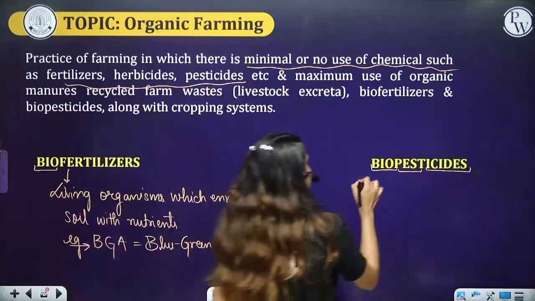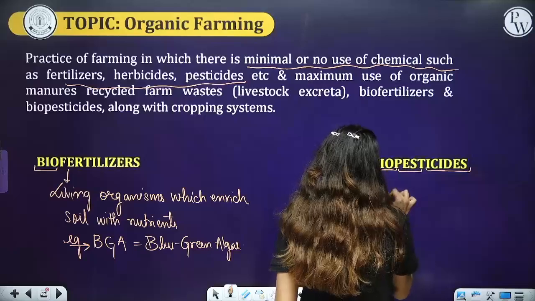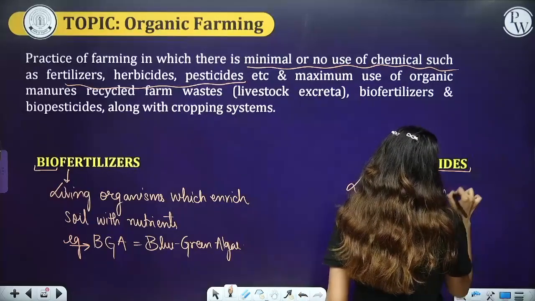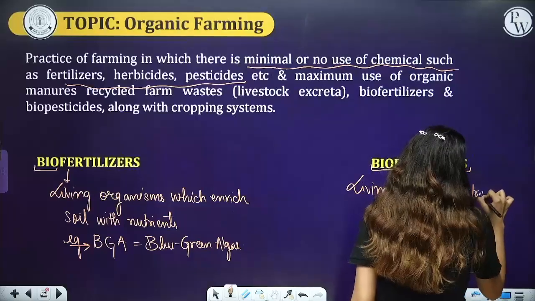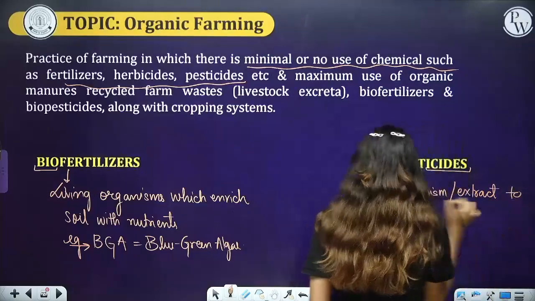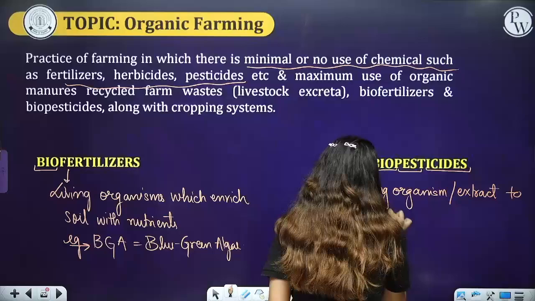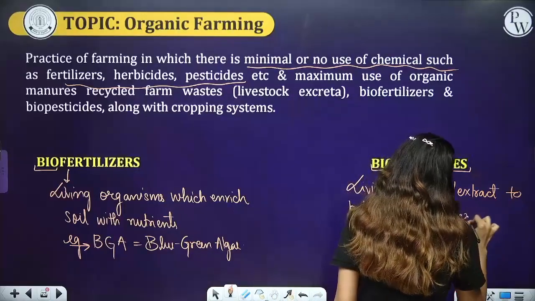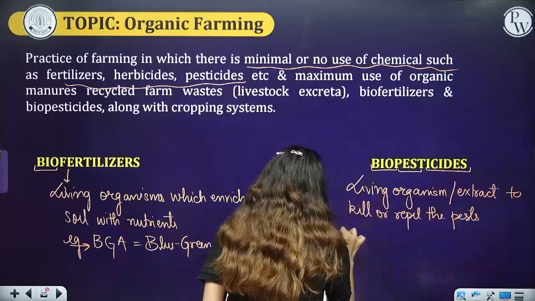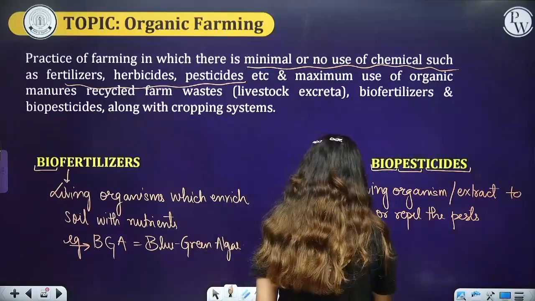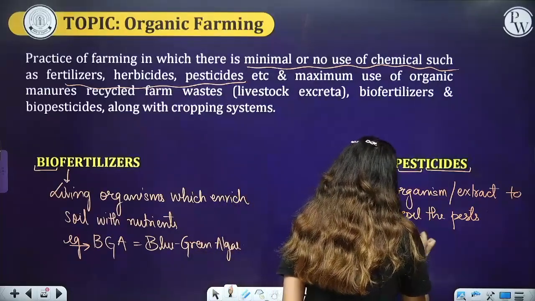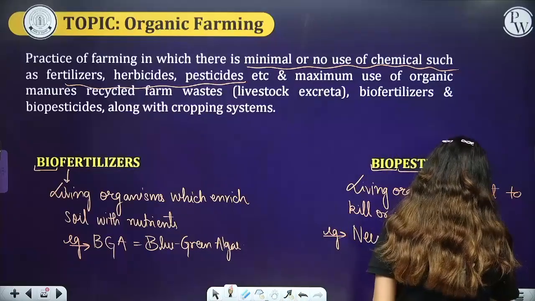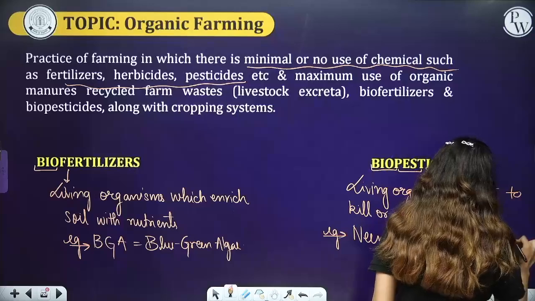So I can say the living organisms or maybe their extract to kill or repel the pest, right? The example can be the neem leaves and the turmeric for the storage of the grains, right?